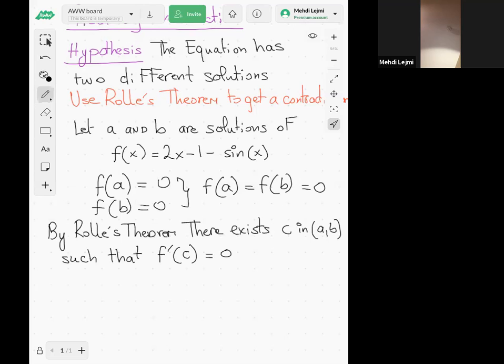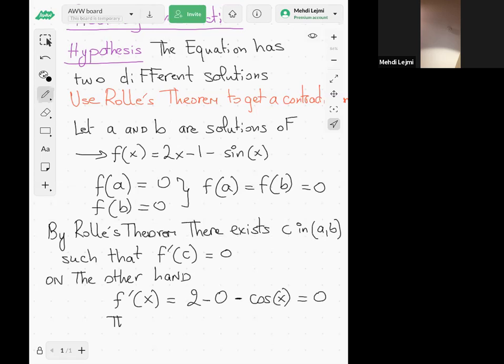On the other hand, f of x is 2x minus 1 minus sine of x. The derivative of 2x is 2, the derivative of 1 is 0, and the derivative of sine is cosine, so f prime of x is 2 minus cosine of x. If you want to solve f prime of x equal to 0, then you would have 2 equals cosine of x.